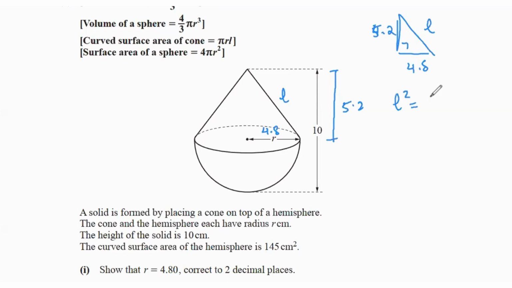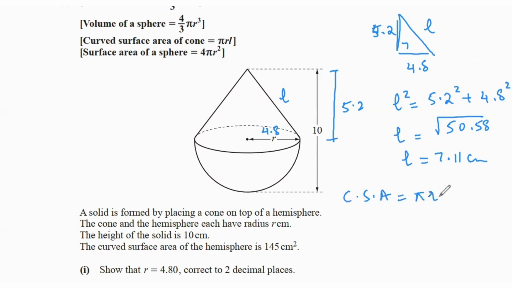So L squared is going to be 5.2 squared plus 4.8 squared, which gives us the square root of 50.58, which leaves us with 7.11 centimeters. So curved surface area is pi r L, pi times 4.8 times 7.11. That leaves us with 107.25 centimeters squared. This is the curved surface area of the cone.